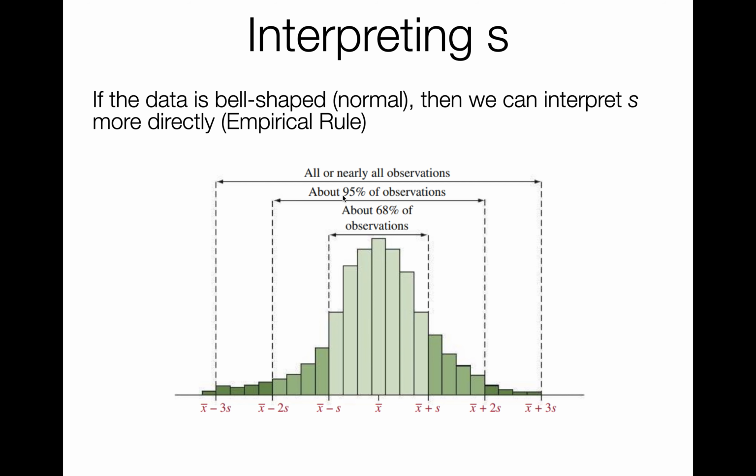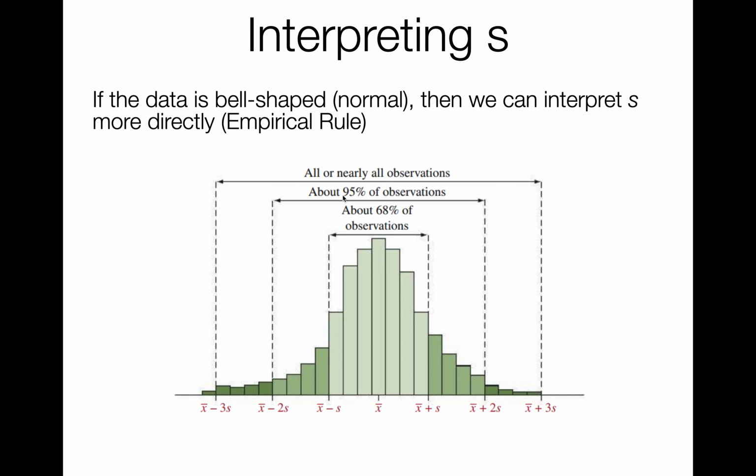So for instance, if it was 150, you should say, wow, I know that 95% of people have an IQ score between 68 and 132. So this person is really smart. Of course you could go the other way, and if I have an IQ score of 50, you could say, wow, this person is not so smart.